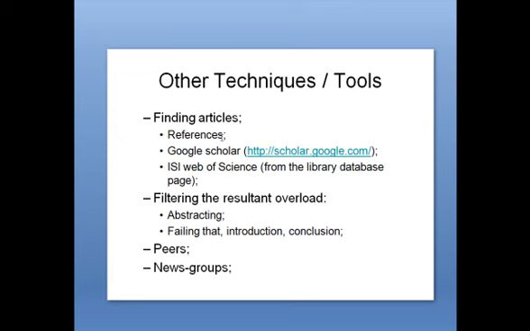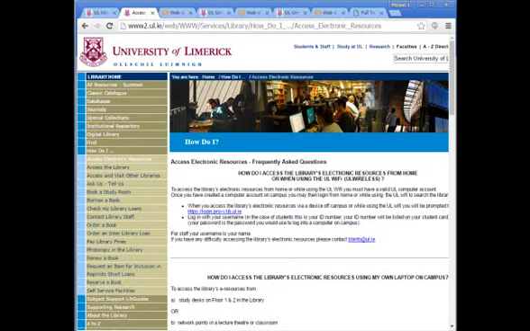Well, I mentioned on the ISI Web of Science, on the library database page, that you could actually use the forward citation tool, articles that cite this article. We just didn't have any of them which had a citation of greater than 0. But you can also use Google Scholar, which is really a very good tool in general. So let's get out of this and go to Google.